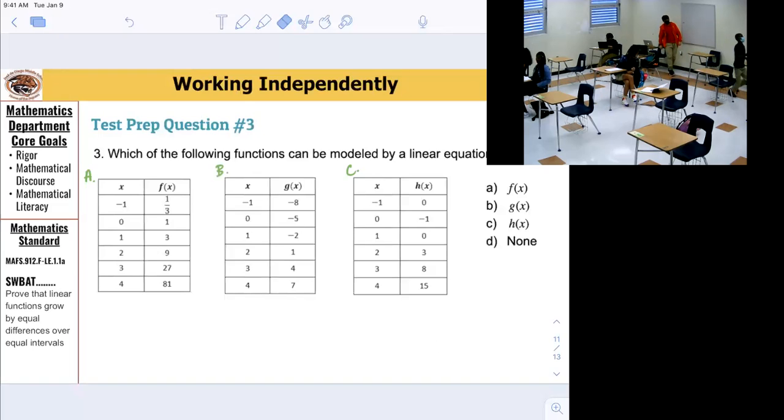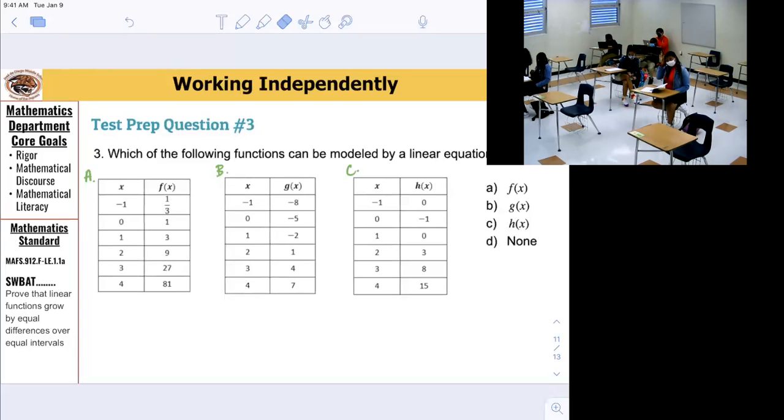About a minute left. I have 5 answers in the poll. I know some of you are not on the Zoom if you're in the classroom, but anyone who's on Zoom, I want you to answer the poll. About 20 seconds left.